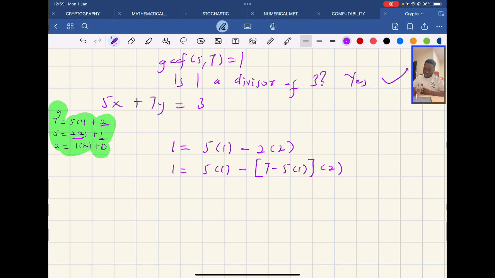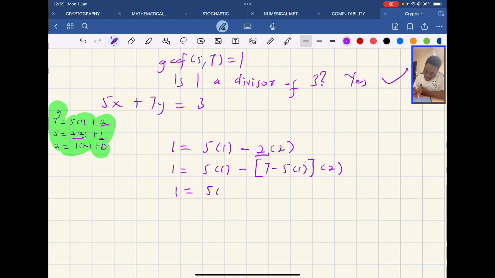So in place of this 2, we are going to put in 7 minus 5, 1. Just a substitution. So this is the same as writing 1 is equal to, over here, we have 5, 1 already. And this negative and negative will give us positive.